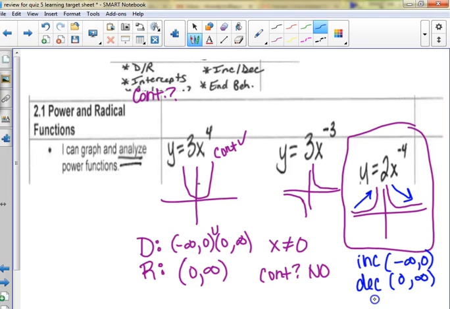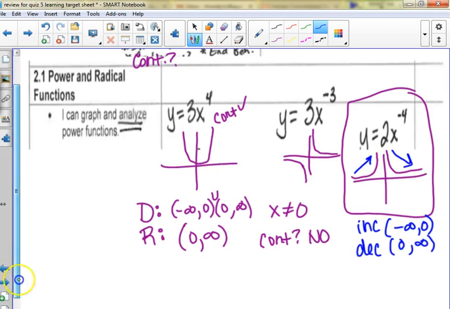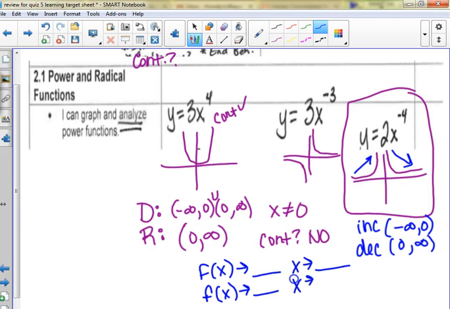What did I miss? End behavior? Oh, that's a good one for this question. It looks like this on the quiz because I'm lazy and I want to grade it the same for everybody. Okay, what do you want me to put in there? Let's say left. What's the left side doing?